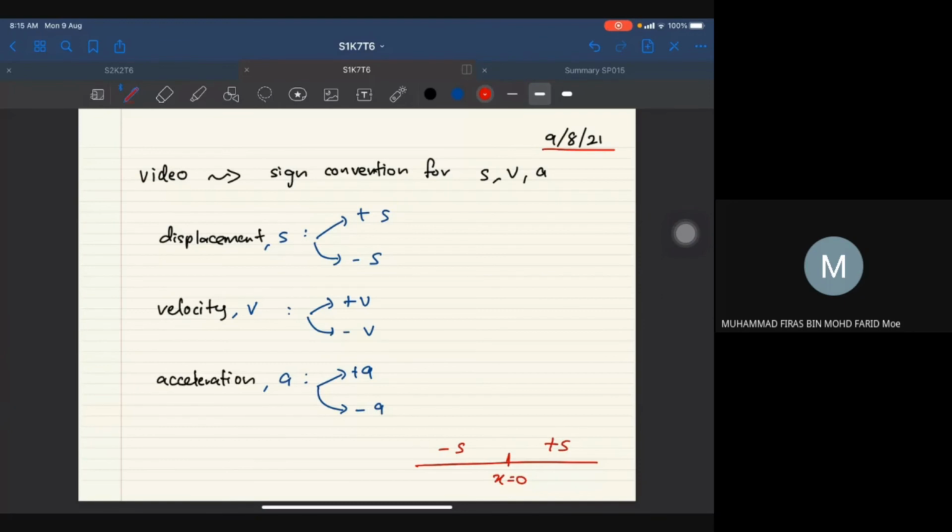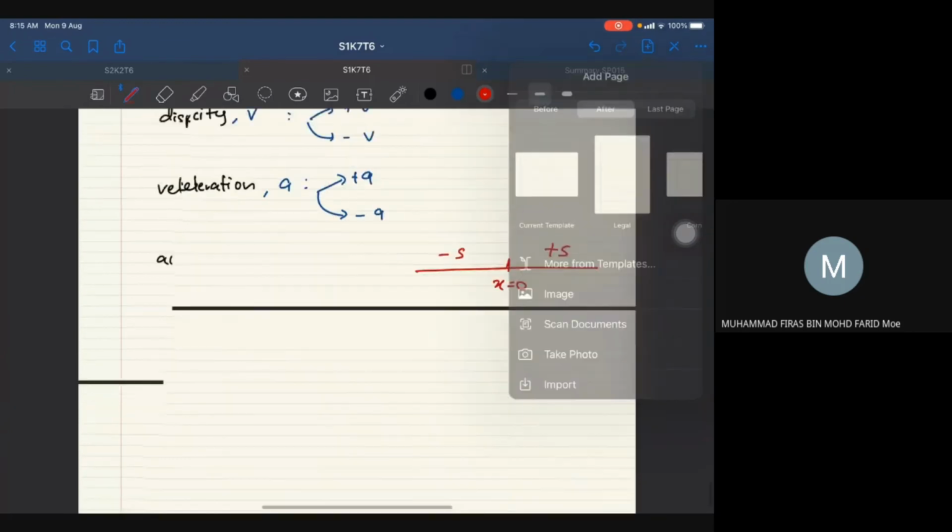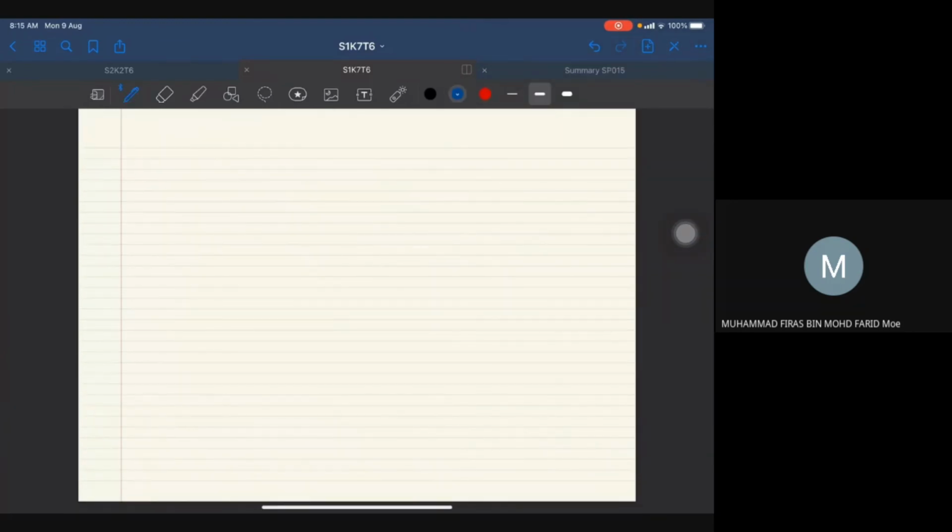Example. I'm going to draw it on a different page so that I can draw it a little bit bigger. Let's say this is my center point, x equals 0. The center point is not necessarily the starting position, it could be anything. So let's just put this as the center, and say I have a person standing in that position.